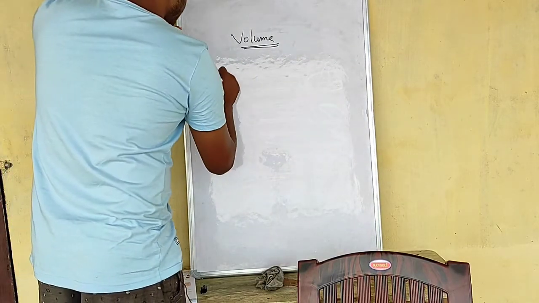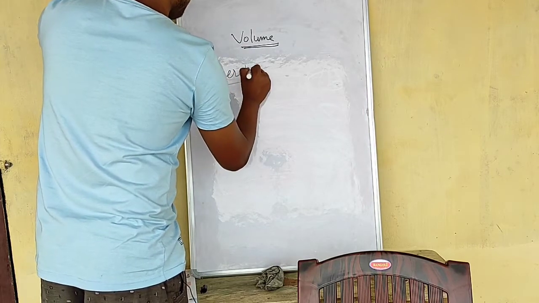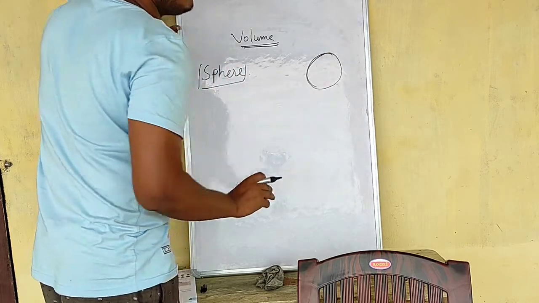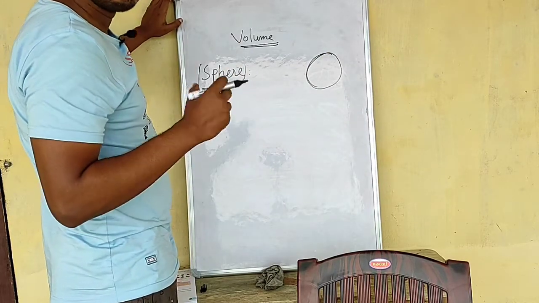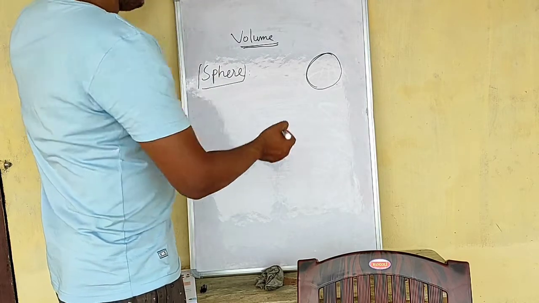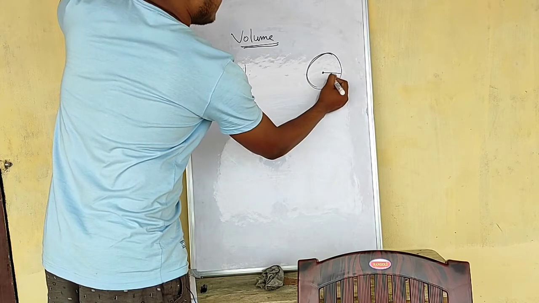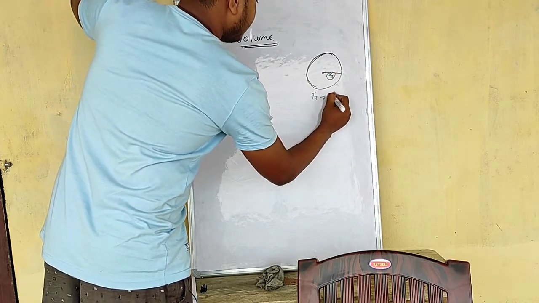Next, we will learn volume of a sphere. Sphere means this type of thing, like a football or cricket ball. So you have to find the total volume of that ball. Then you will be given only one thing, r. Here r is the radius.